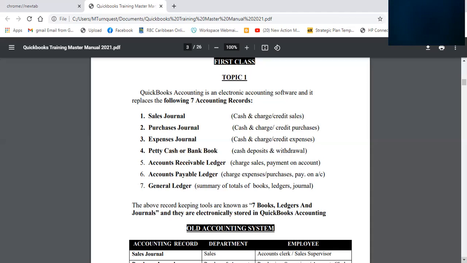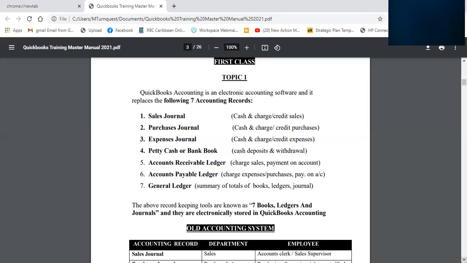Yes. The next thing is your purchase journal. Basically, the purchase journal focuses on purchases, charge and credit again. You're making note of this. The topic is purchases.